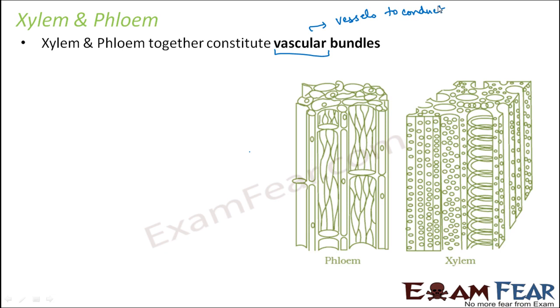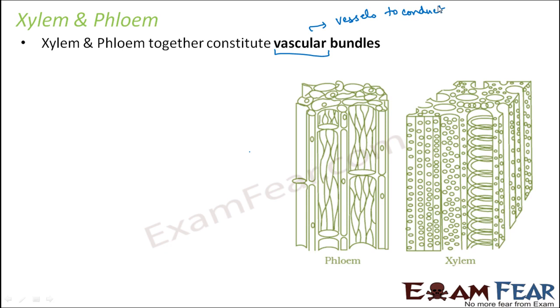Now, who prepares food in a plant? We all know the process of photosynthesis happens only in the leaves of the plant. But it is not only the leaves that need food, the entire plant needs it. The roots also need food, the stems also, the flowers also, every part of the plant needs food.